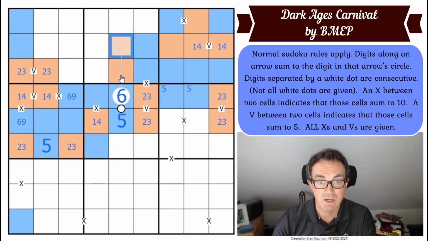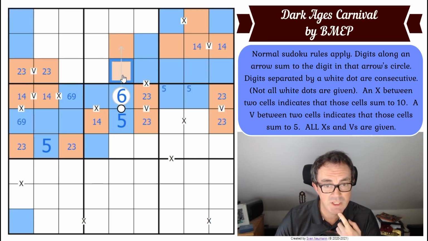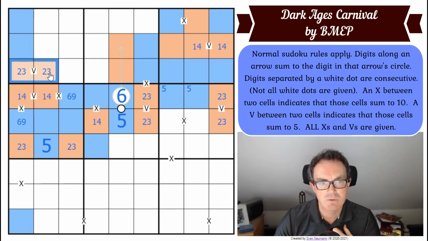Now this is where I do have to be careful though, because I can't say, okay, this is a 1 or a 4, and therefore it's next. If it was a 4, it would be broken, and therefore it has to be a 1, because that's relying on this being a 2, 3, which is not correct.